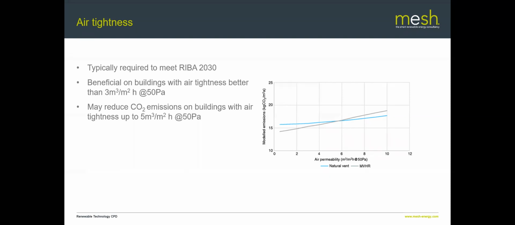So you can see that it does vary slightly from building to building, but if you're designing to 3 meters cubed per meter squared per hour or better, you're definitely going to benefit from MVHR. If you're between 3 and 5, you may benefit from it, and if you're above 5, it's unlikely you'll benefit from it.